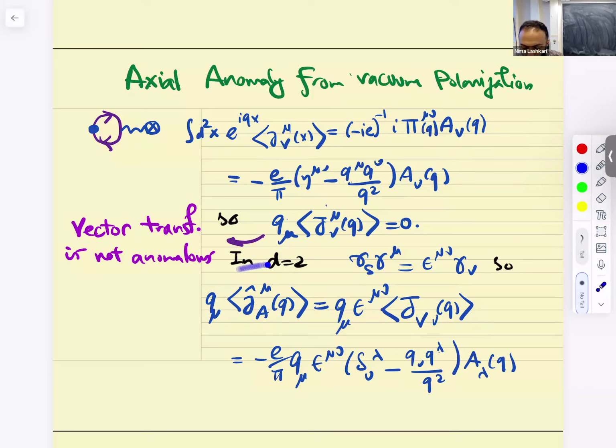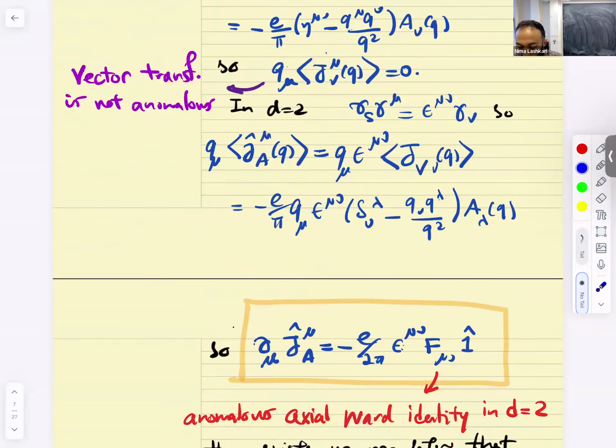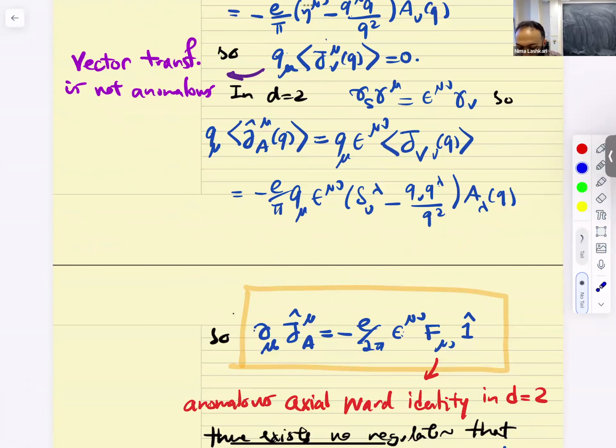You recycle the same calculation, and you find this epsilon mu nu is outside. Now when you do the contractions, it no longer vanishes, and using Feynman diagrams, in particular this one loop Feynman diagram, we calculated an anomaly, and we found that it's proportional to F mu nu.